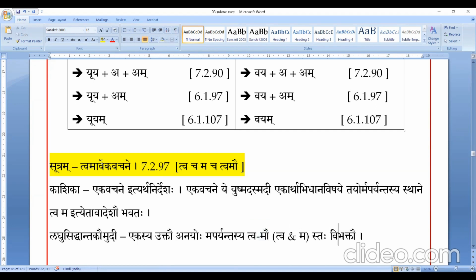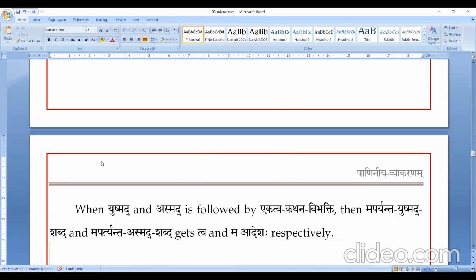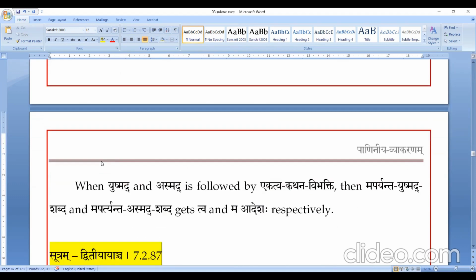Vibhaktau, the word coming as anuvritti from ashtana vibhaktau. So when a vibhakti pratyaya follows in ekavachane, tva and ma will be the adesha. Now let us see. Yushmad asmat followed by ekatva vibhakti, it means ekavachana. Then we get the adesha: in the place of ma paryantasya yushmad and asmat, tva and ma adesha.